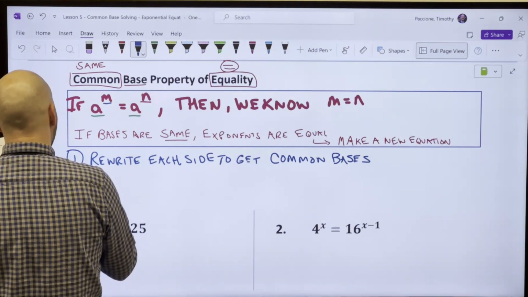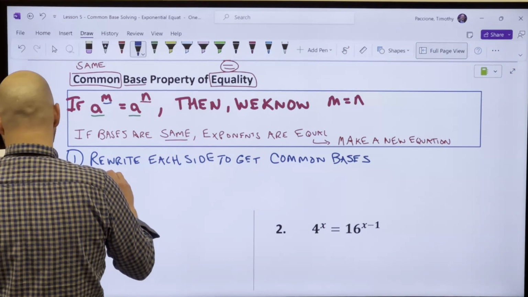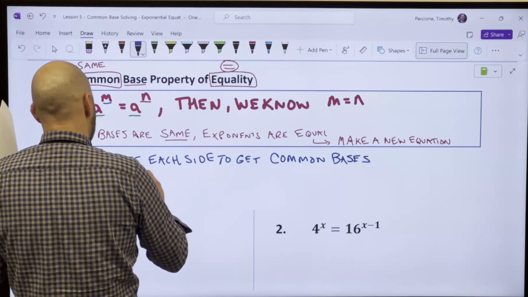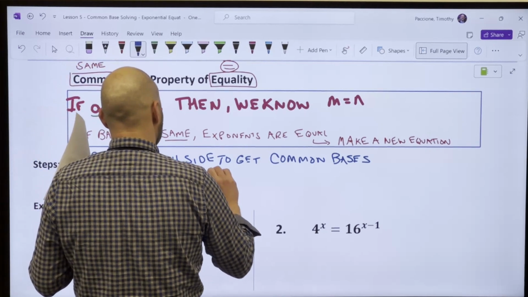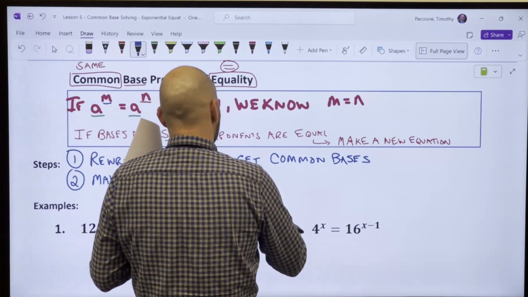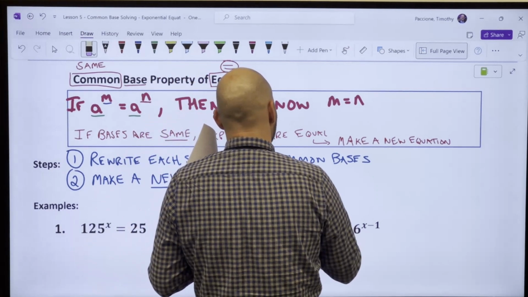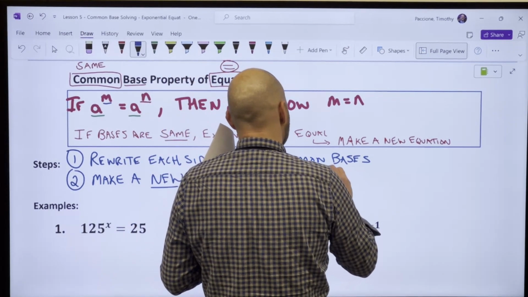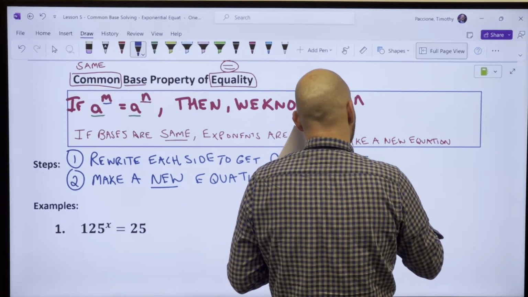And then once you've done that, you want to make a new equation with the exponents equal.